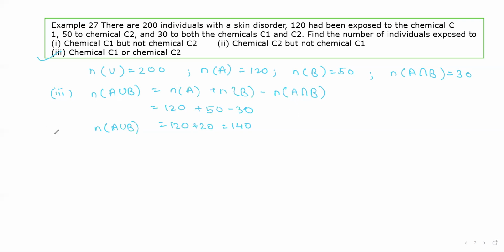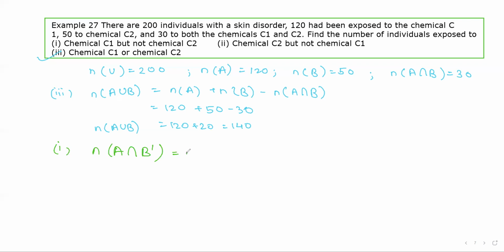Next, in your first part, you have to calculate individuals exposed to C1 but not C2. This is A intersection B dash. What does this mean? A intersection B dash.